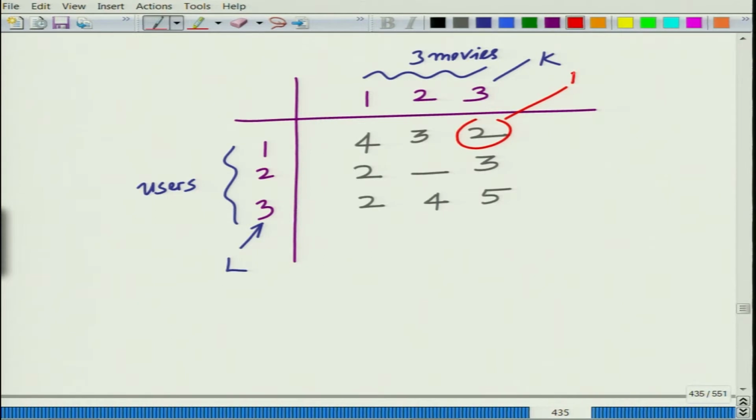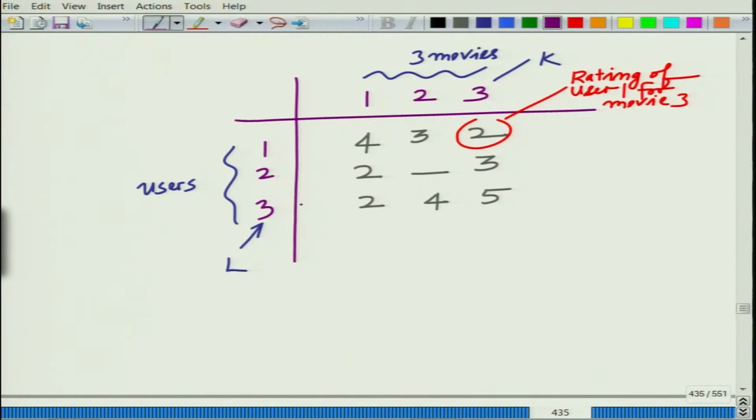So, this is the rating of user 1 for movie 3, right. So, R i j, we look at this as a matrix. i, the rows are the users, columns are the movies. So, R 1 comma 3 denotes the rating that user 1 has given to movie 3, and user 1 has given a rating of 2. And similarly, user 3 has given a rating of 2 to movie 1, right.